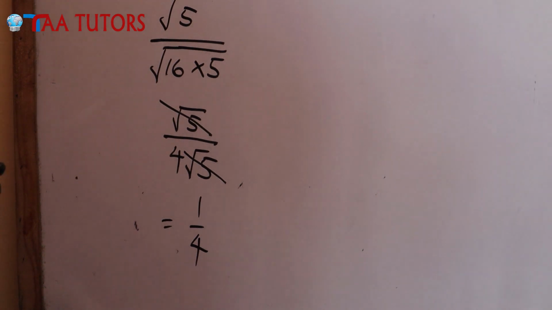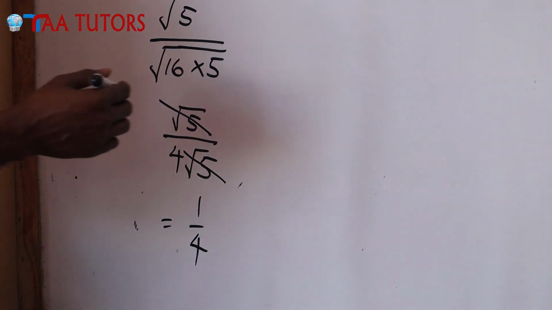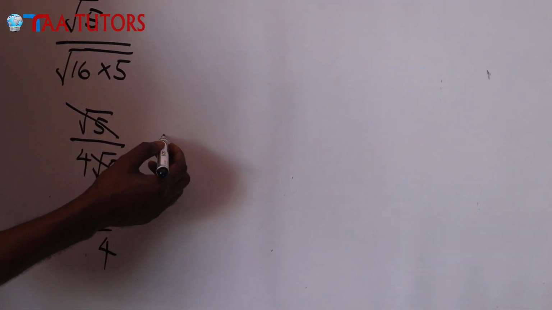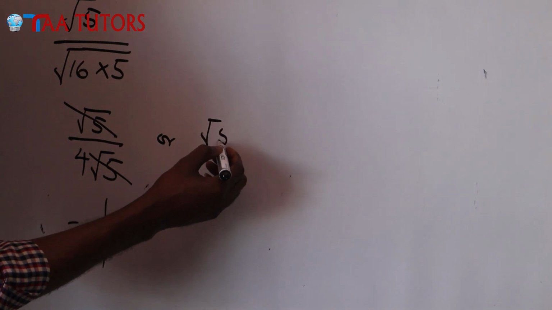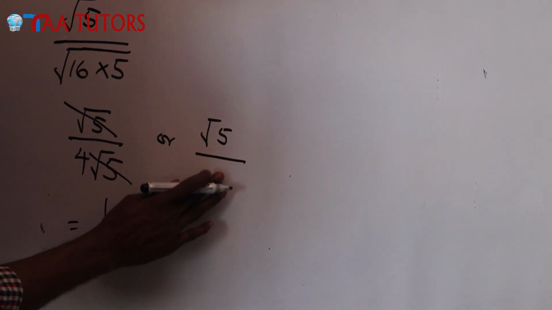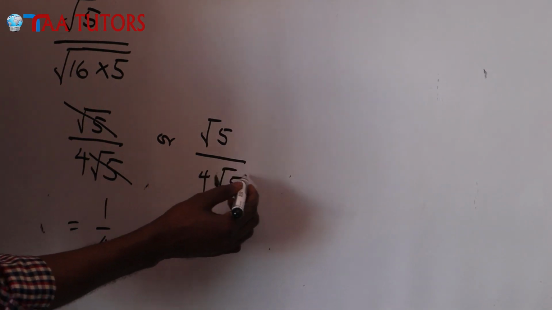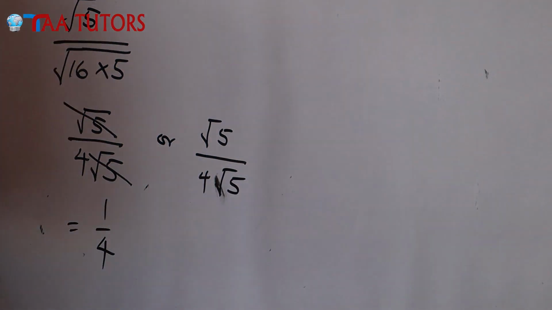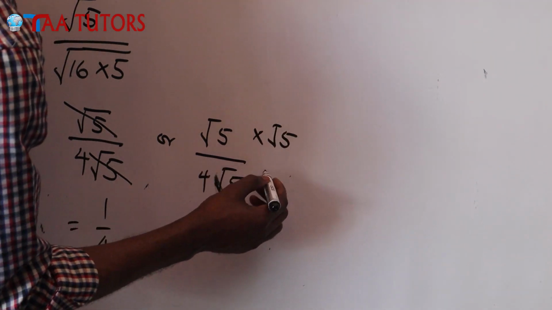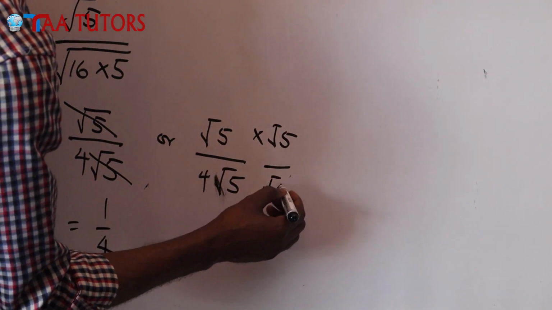What about if we go through rationalizing the denominator? I will say multiply by the conjugate of the denominator. Let me start from here. This is √5 over 4√5. What about if I multiply here by √5 and I multiply here by √5?